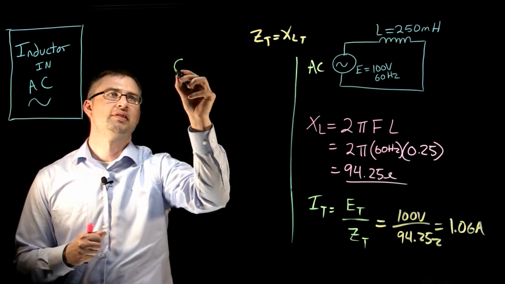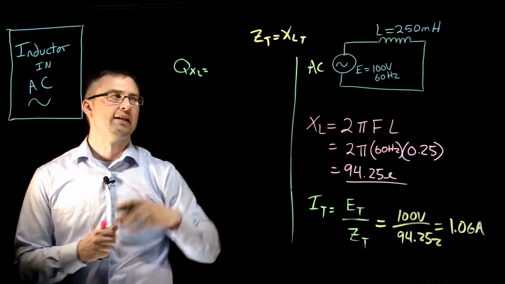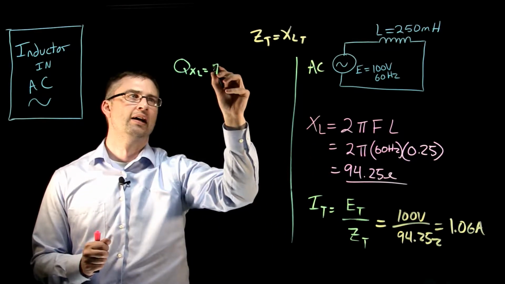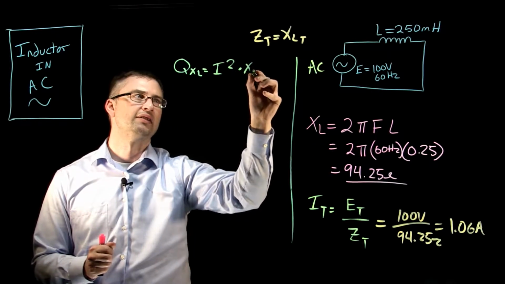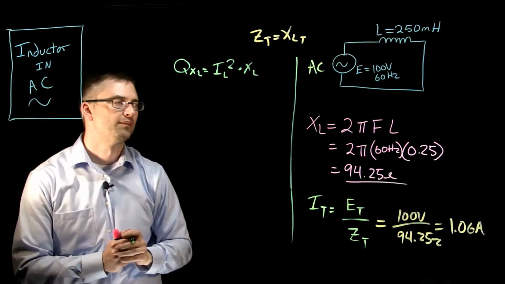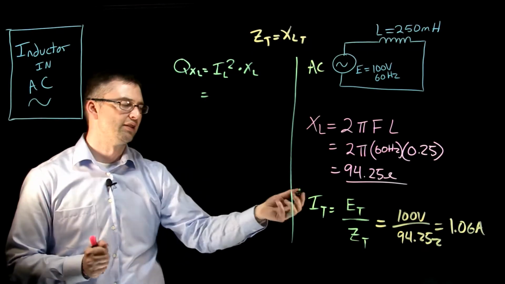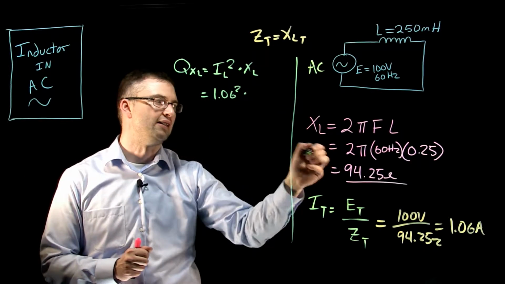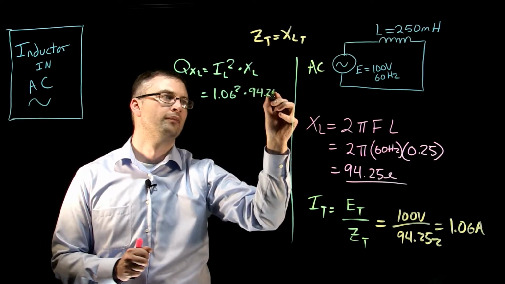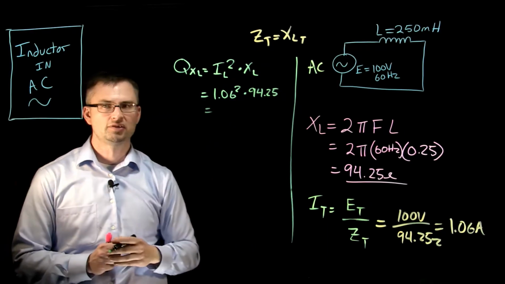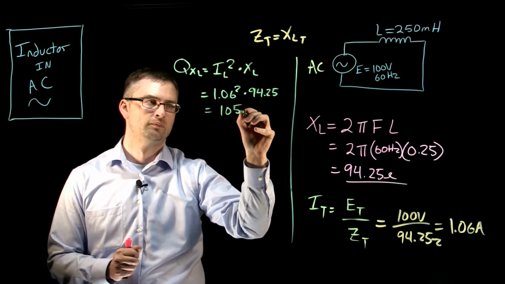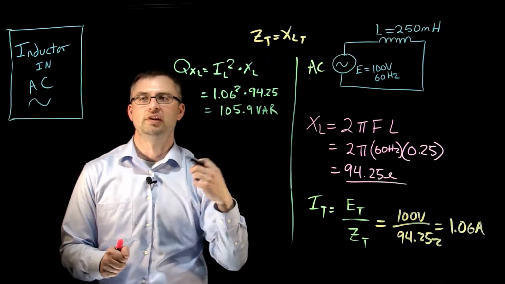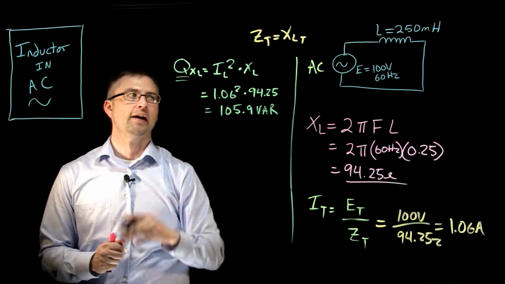So we're going to figure out what is the Q of the inductor, and in this case we have current and we have XL, so we can use the formula I squared times XL, that's current through the inductor squared times the value of XL. So that's simply 1.06 squared multiplied by our 94.25, and we get a QXL total of 105.9 volt amp reactive, which is a VAR, the unit of reactive power or quadrature power due to this inductor.